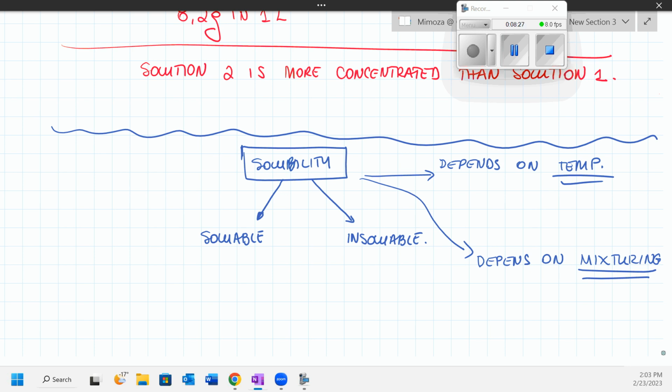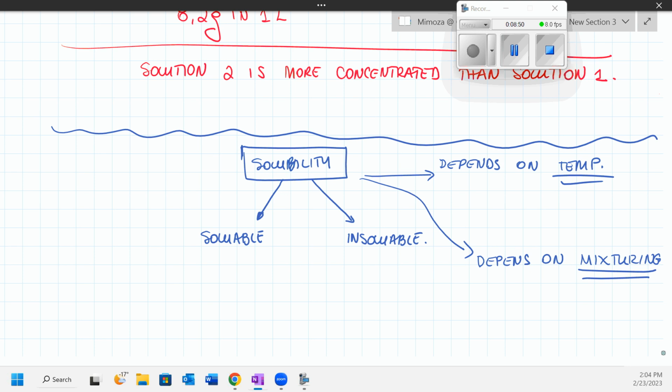Eventually, that sugar will dissolve. However, it will take a long time to be fully dissolved, versus if you are mixing it, then you are speeding up making it a solution.